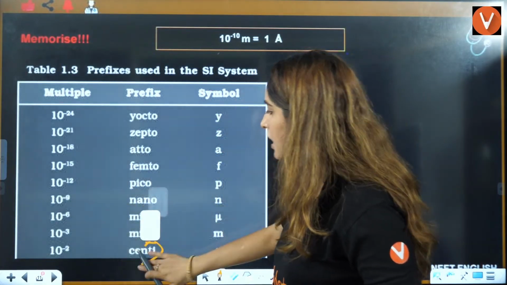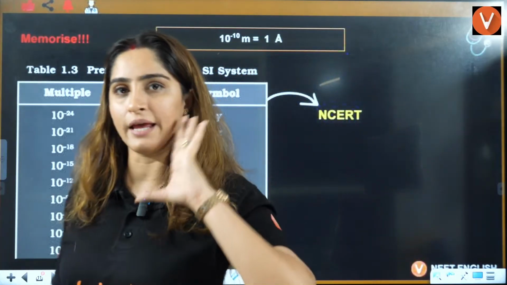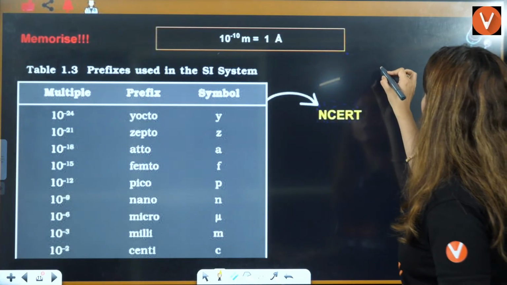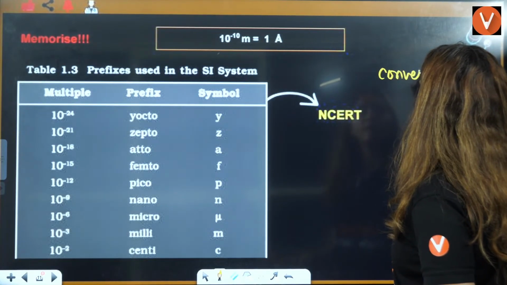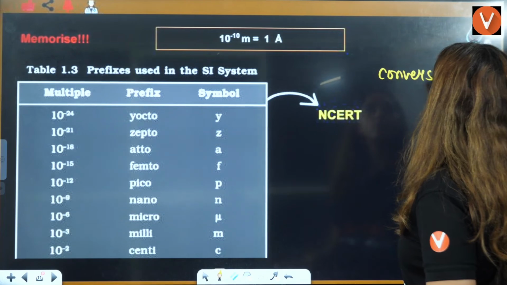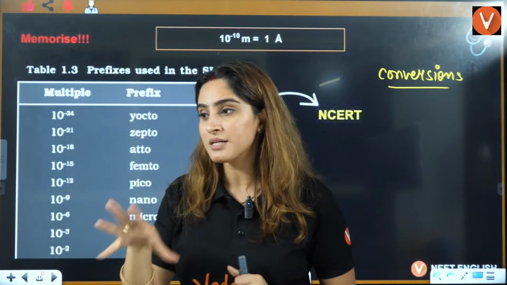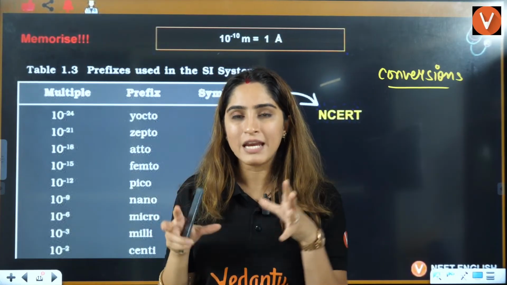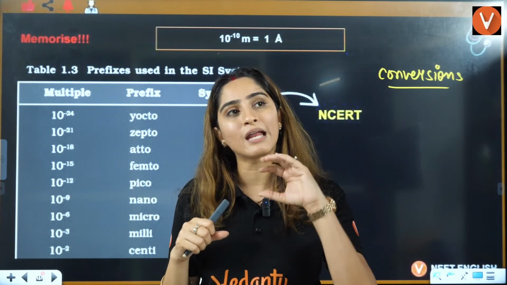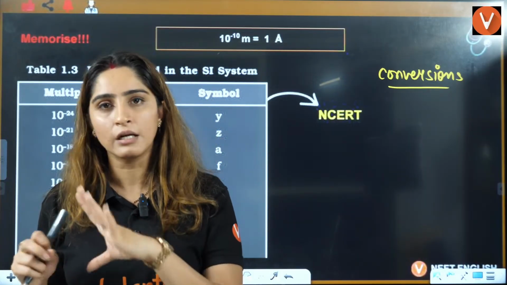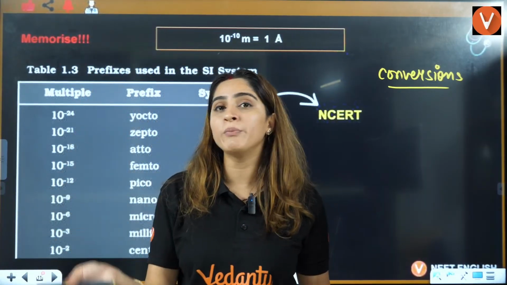Now, I'll give you one simple thing here. Whenever you are doing conversion, I know that conversions are quite difficult for students. Understand this thing. We are converting meter to centimeter, meter to femtometer, meter to millimeter, nanometer to millimeter.